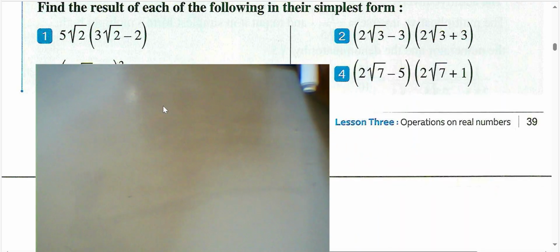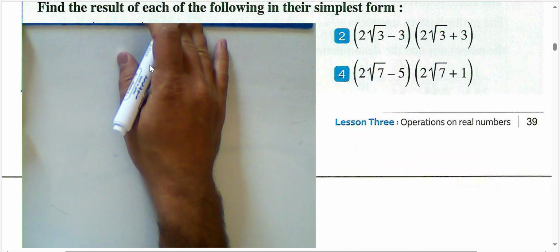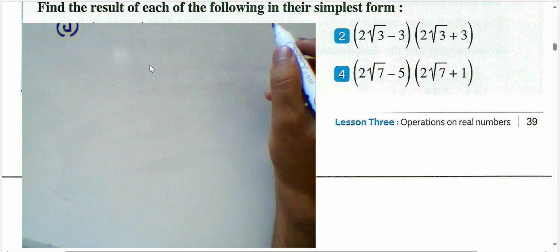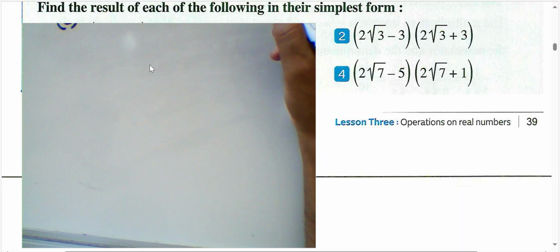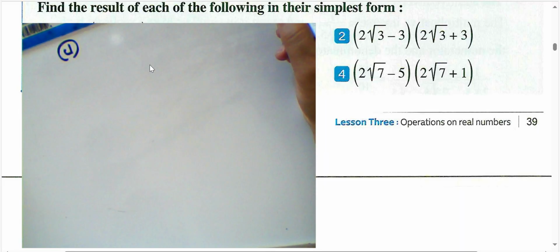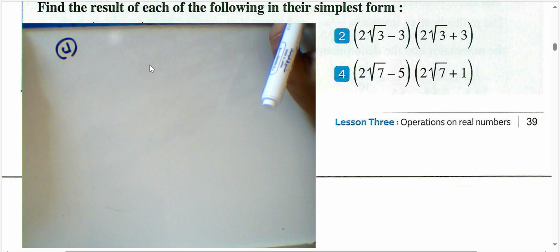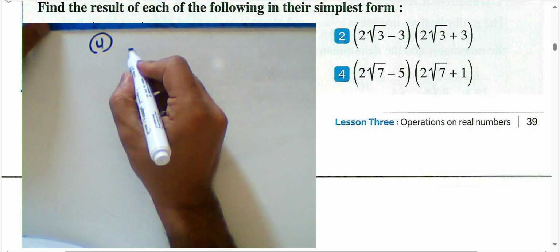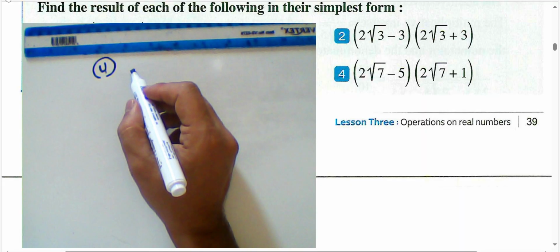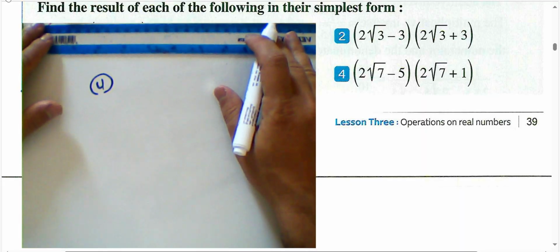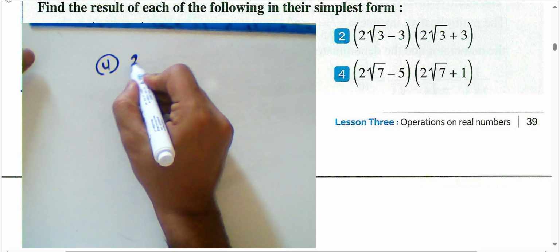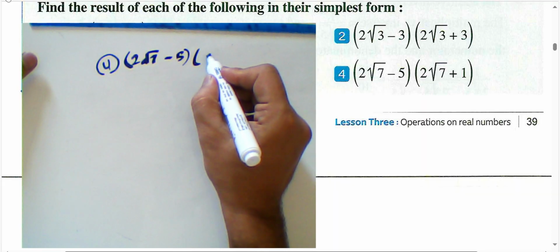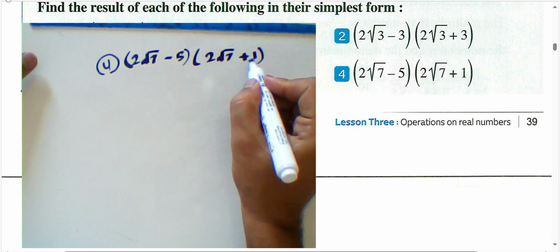Next question number 4. Okay, listen to me about number 4. We have 2 root 7 minus 5 multiplied by root 7 plus 1.